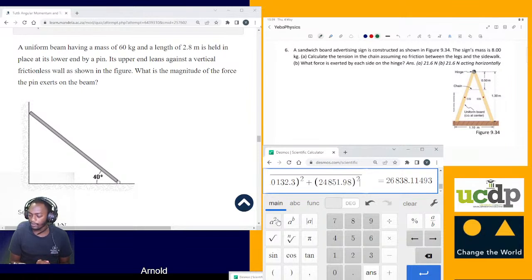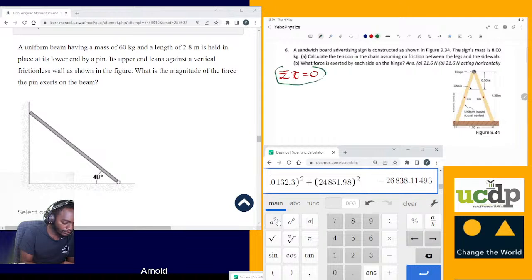So how do we go about this particular question? We should still remember, for a system in equilibrium, we should still remember this, right?